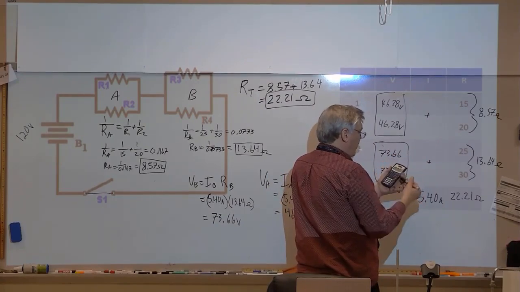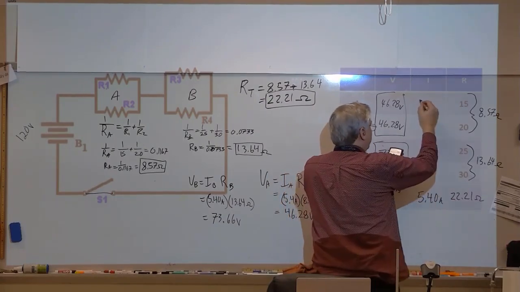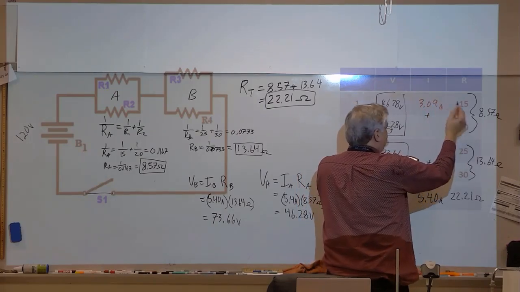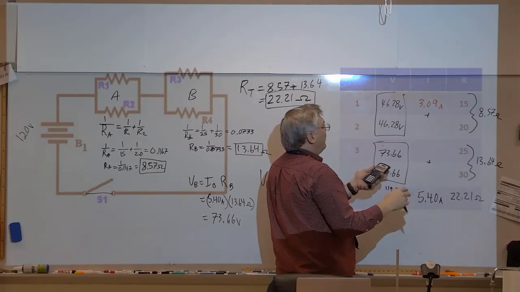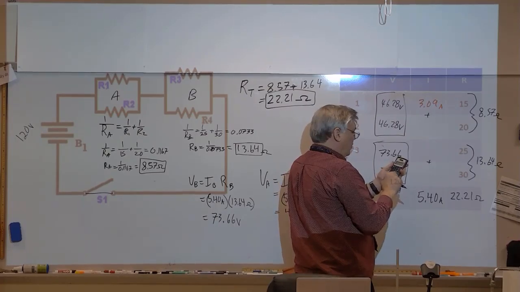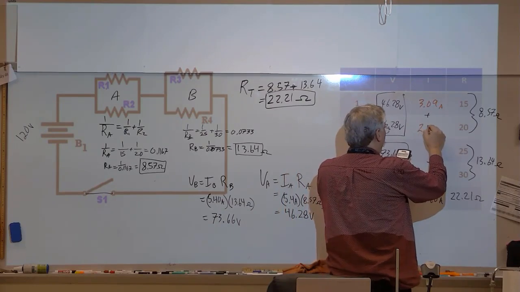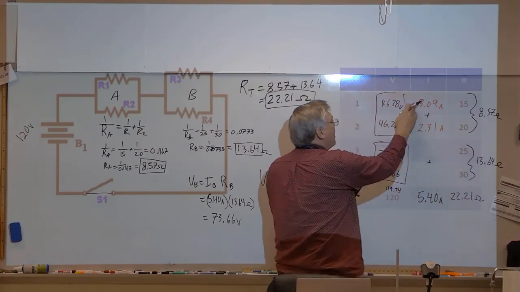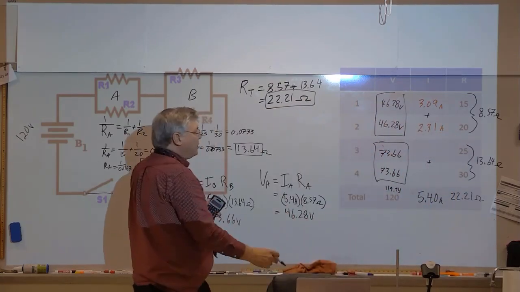And the current flowing through this resistor is 3.09 amps. So it'll be a little bit less than the other, 46.28 volts divided by 20 ohms, and I have 2.31 amps, and these two numbers should add up to 5.4.